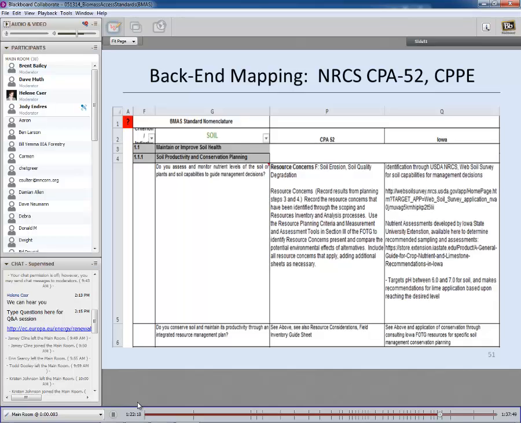Then we have to map what's called the CPA 52, which is the NRCS conservation plan. And in Iowa, for example, if you weren't going to use Ag Solver's tools, what type of tools would be available to you? And that would be incorporated into our front-end interface with a link to the back-end for producers and consumers to be able to tap right into that.